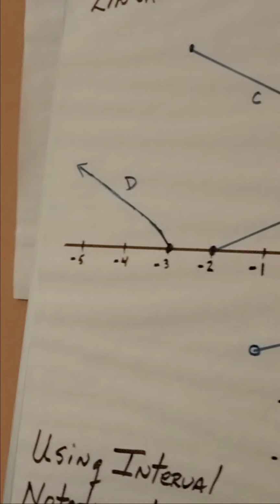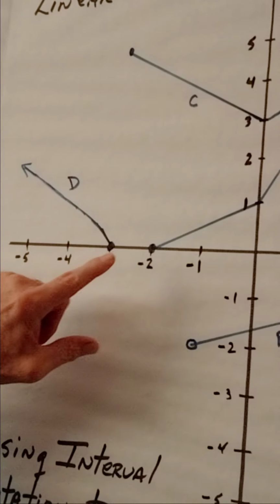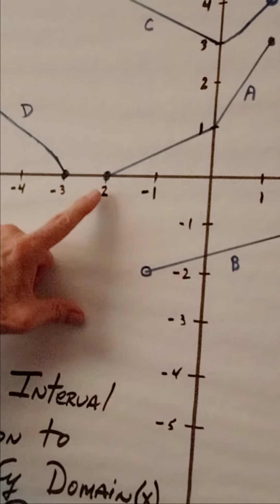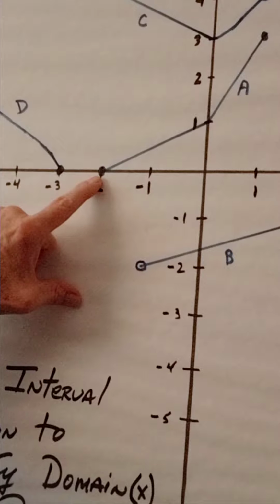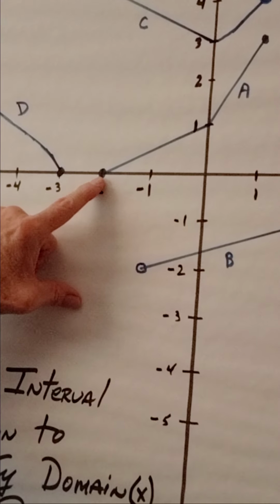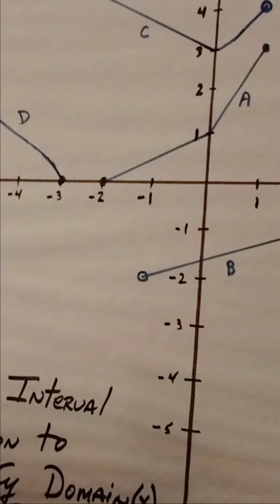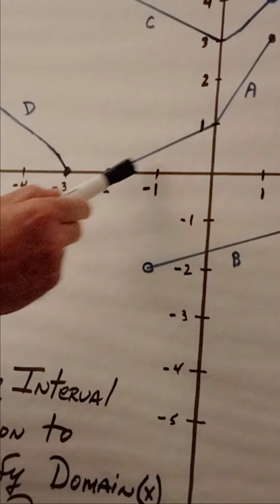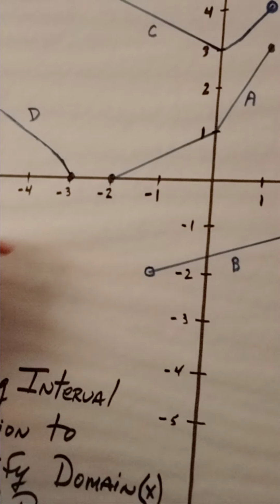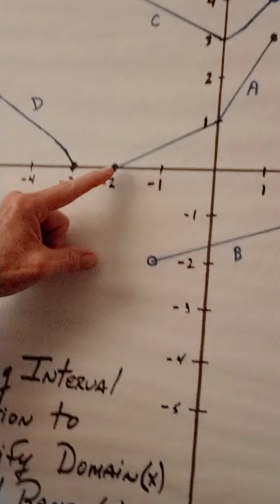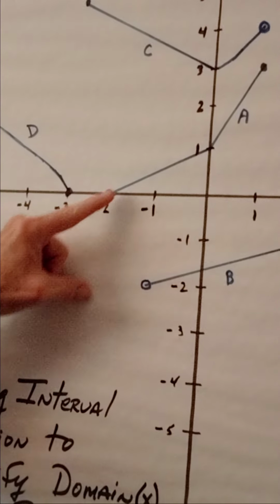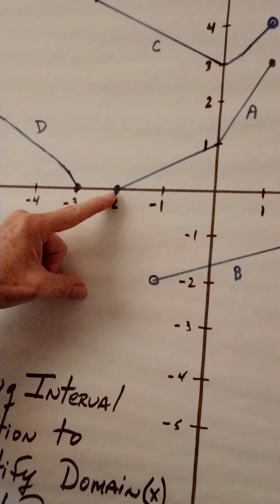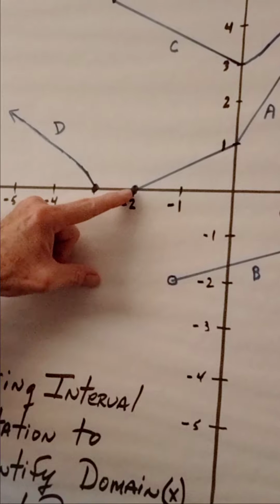Let's go back to the darkened point for a second. I'll start with this one right here and just go with this one. The meaning of the darkened point is this. The graph for letter A is not going to be any value less than -2. It's going to stop right at that point.